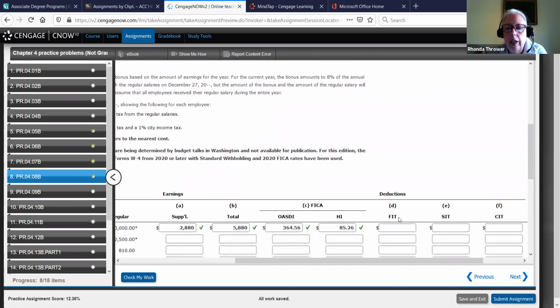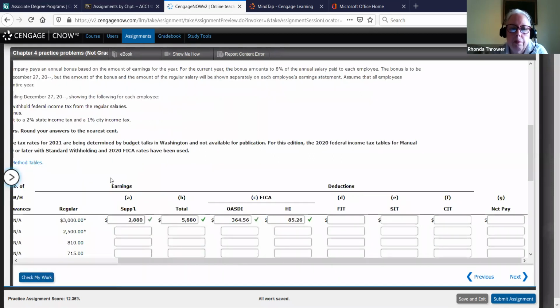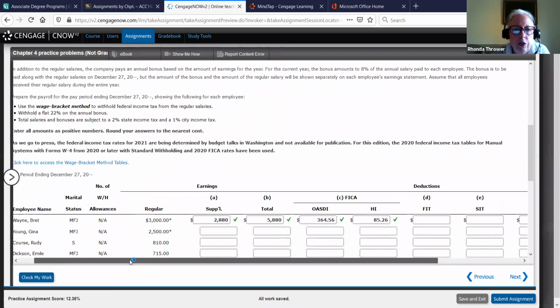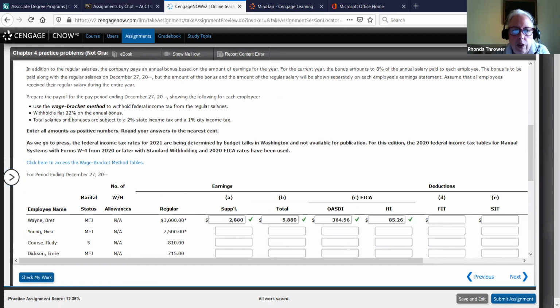Now here's where it's going to get a little bit tricky for you, because remember, out of the supplemental right here, they're taxing it at a flat tax of 22%. So that's how you figure the federal income tax on the supplemental.